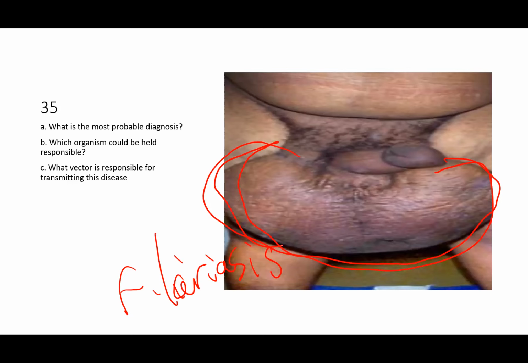Filarial worm, Brugia malayi, Brugia timori. What is the vector? Mosquitoes are the vectors.